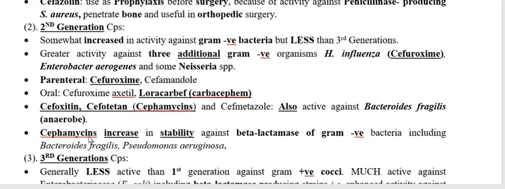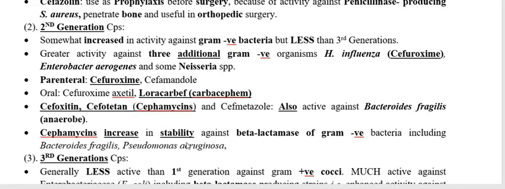So this is a very, very important property of this drug. Also very important is that cephamycins are stable against the beta lactamase produced by gram negative bacteria such as Bacteroides fragilis and Pseudomonas aeruginosa.